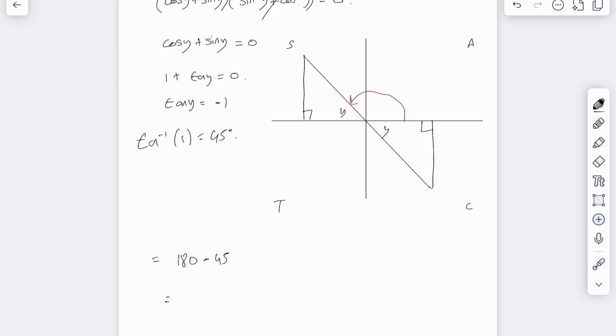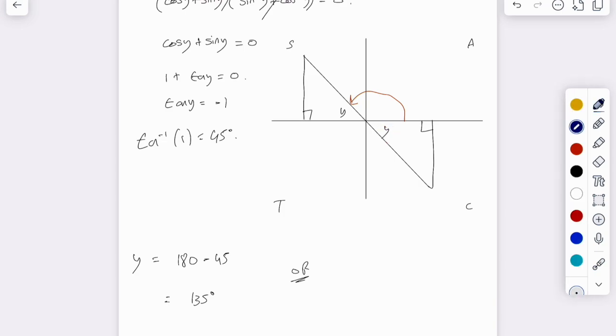The principle's the same though. So y is equal to 180 minus 45, so y is equal to 135 degrees. Or y is over here, where again we go the full loop round. So we get y is equal to 360 minus 45 degrees, which gives us 315 degrees.